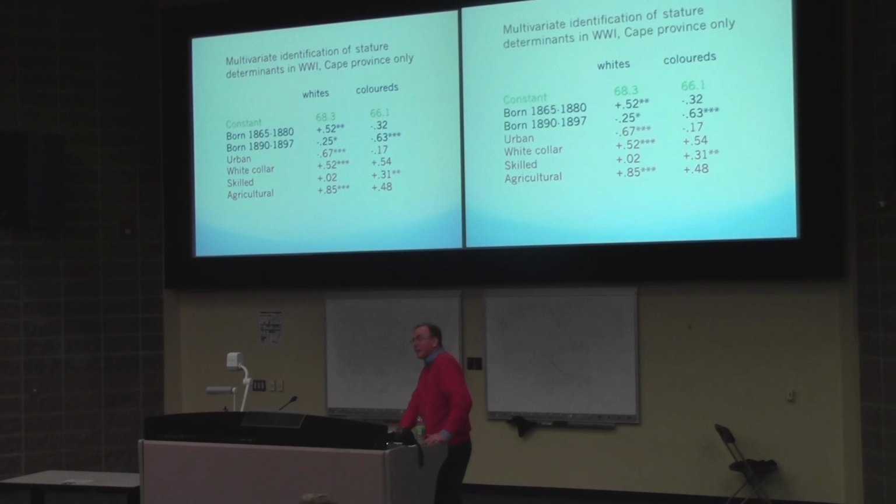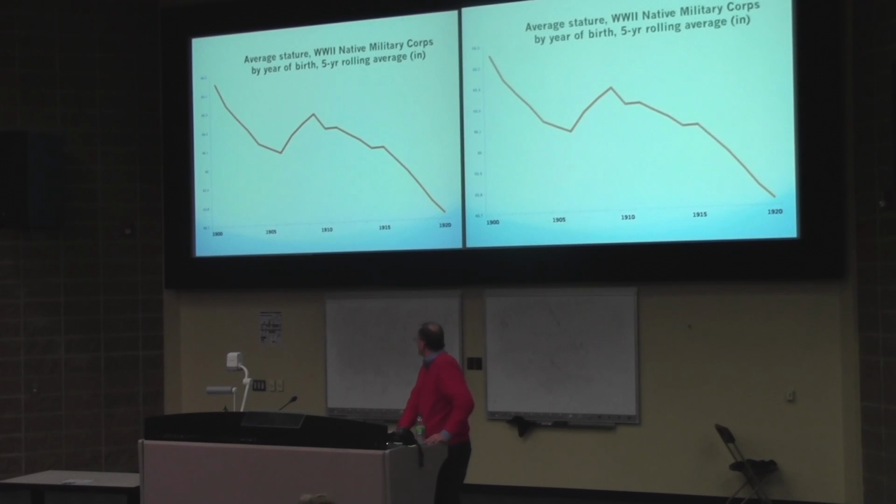This is restricted to the Cape Province because that's where most of the coloreds were. We do have some data, World War II, on Africans, and here it's not annual, it's a rolling average. And although I haven't advanced very far with this yet, you can see that there's a story that's going to emerge about Africans becoming shorter at a time when the whites and the coloreds were not getting shorter.